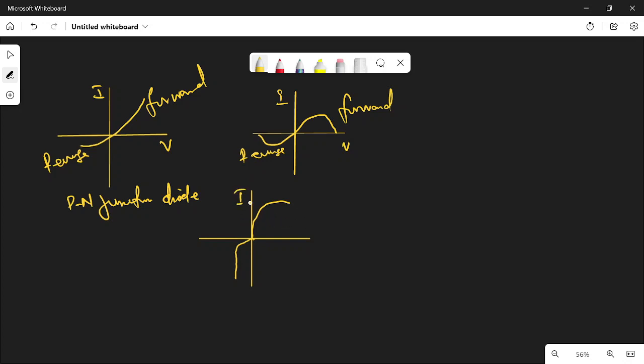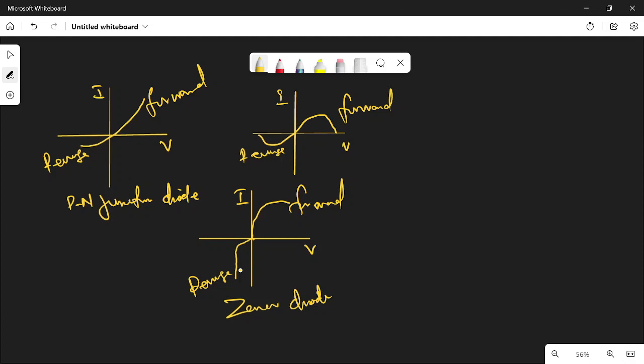So current against voltage. For a Zener diode, you have this. This is the Zener diode. Okay, so this is forward, and this is reverse. I hope you understand this now.